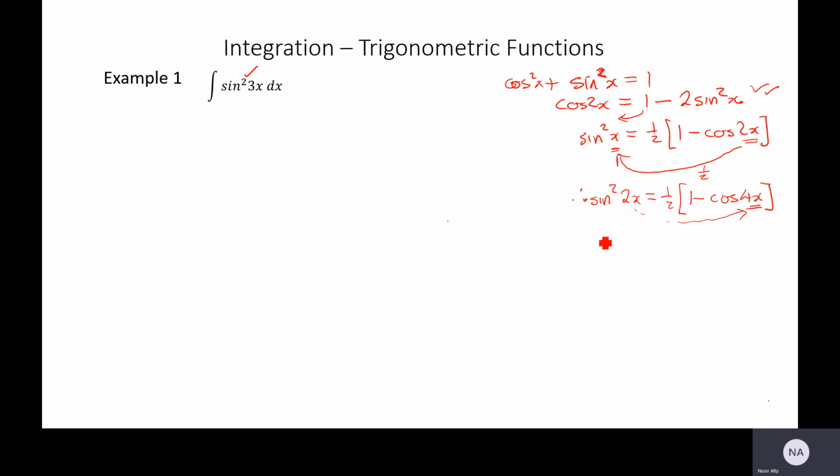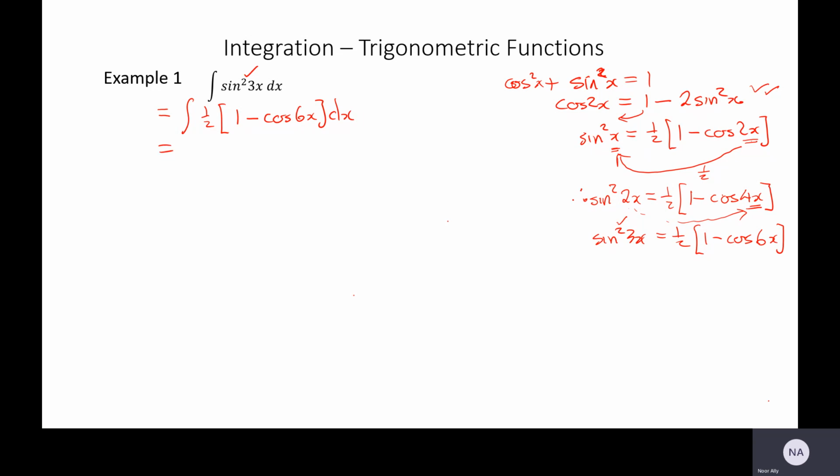Therefore, nothing else changes. Sine squared of 3x will be a half of what? 1 minus cos of? That's right. And that is the identity you will use when you get an even index. And all you have to do now is substitute. So that will be the integral of a half times 1 minus cos of 6x dx.